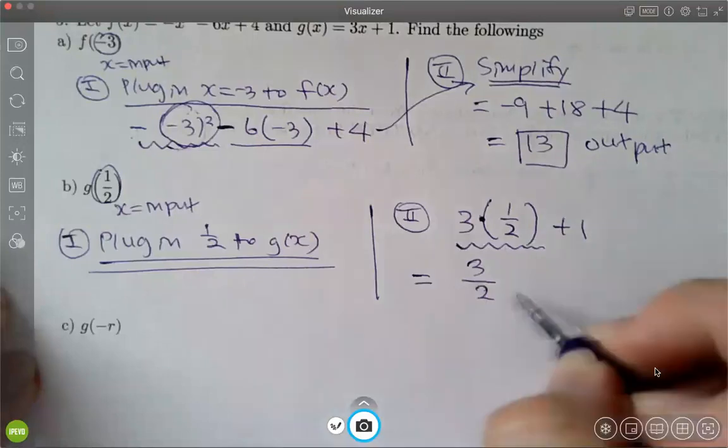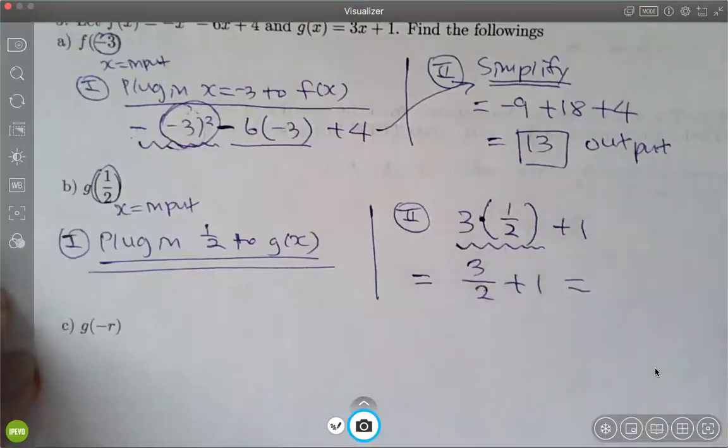And now, 3 over 2 plus 1, what's that equal to? 2.5.